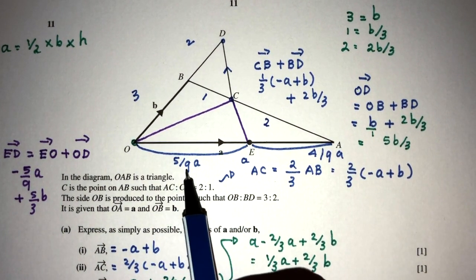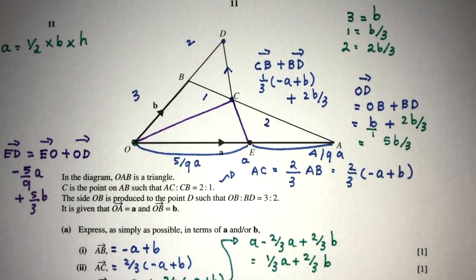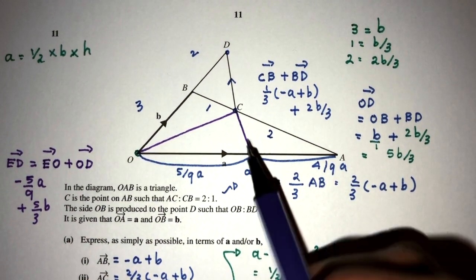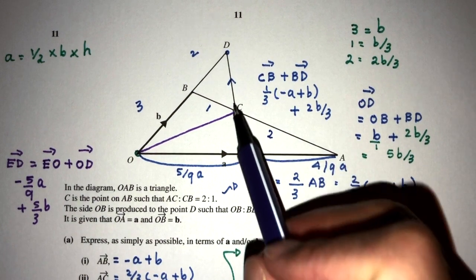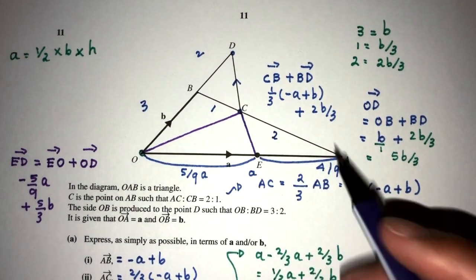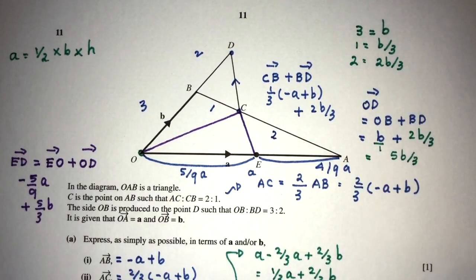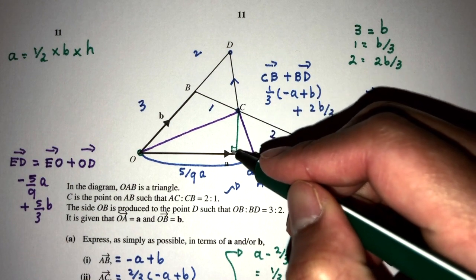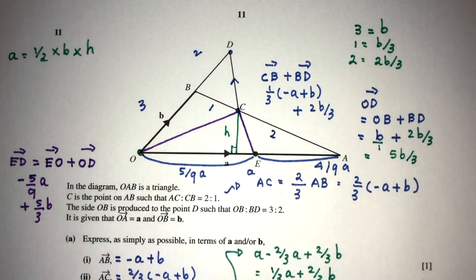If this is 5 over 9, remainder will be 4 over 9 for the base of EA. Now let's find the area of triangle AEC. So as you can see, because they are part of the same big triangle, it means that they will have the same perpendicular height. The height will be h for both of the triangles.